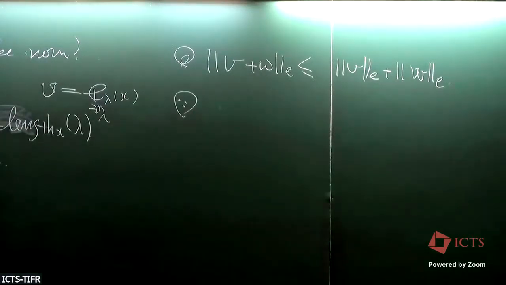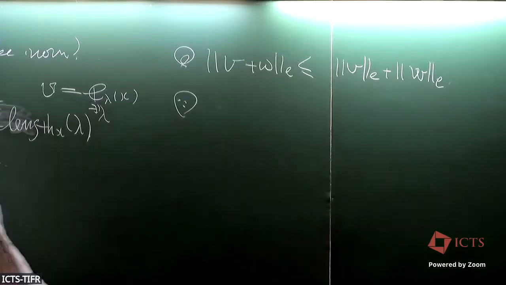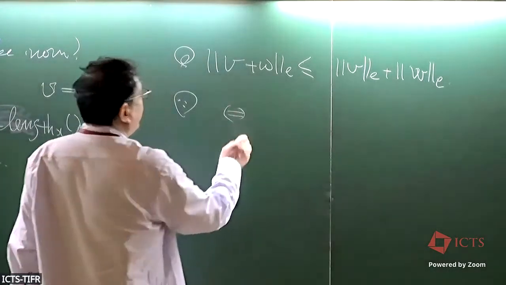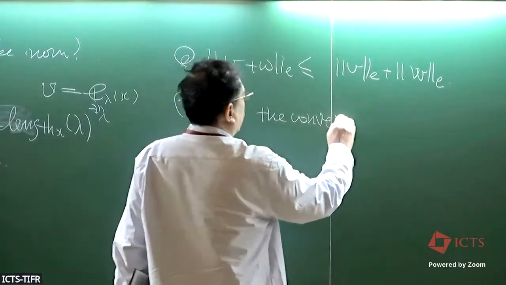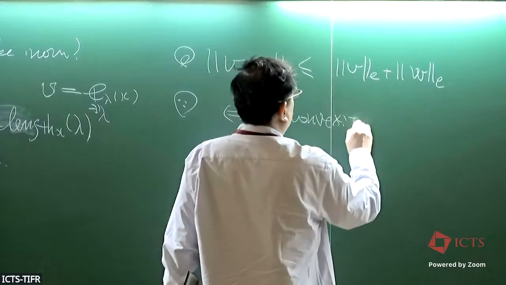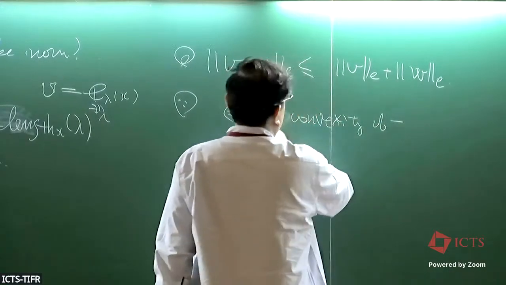If you have a norm and you would like to show the triangular inequality, it is equivalent to show the convexity of the unit sphere.